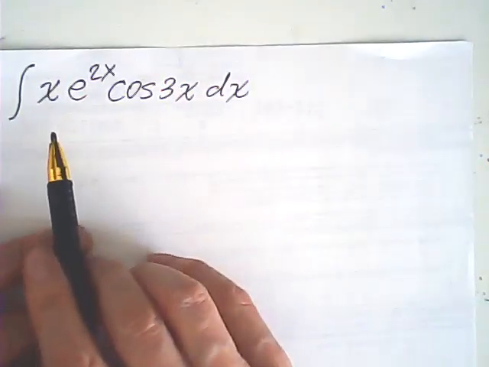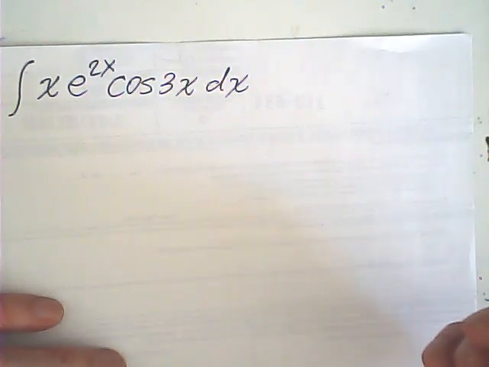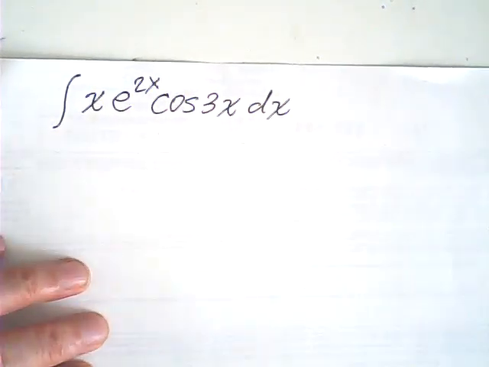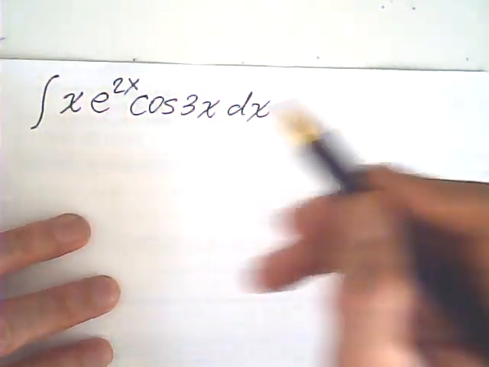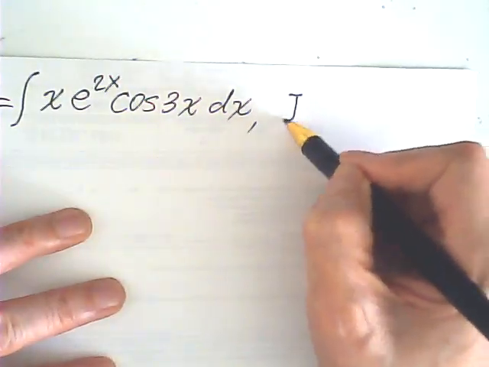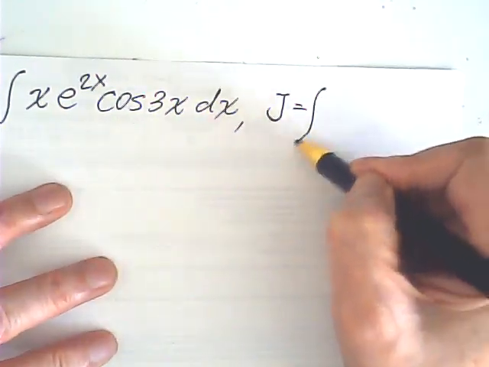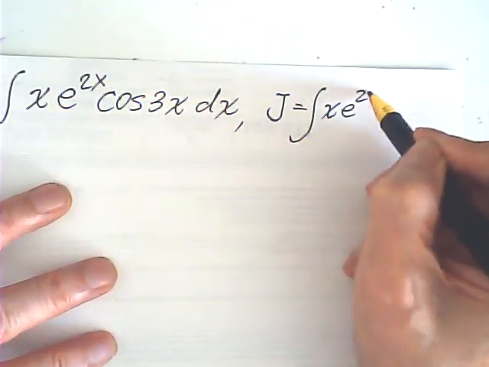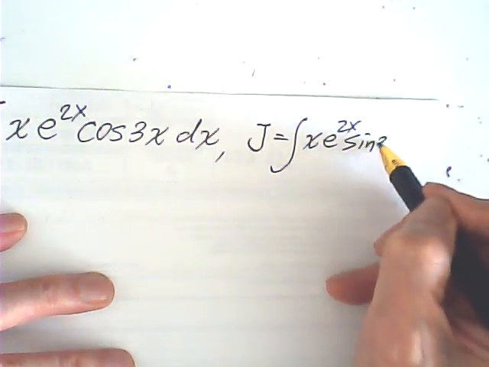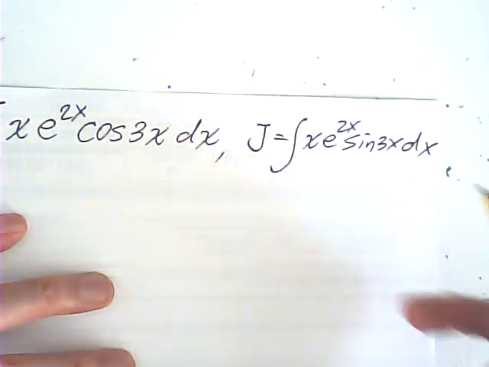Now, I'm using a similar method as I just did. I call this one I, and I introduce J, which is equal to the integral of x e to the 2x sine 3x dx.